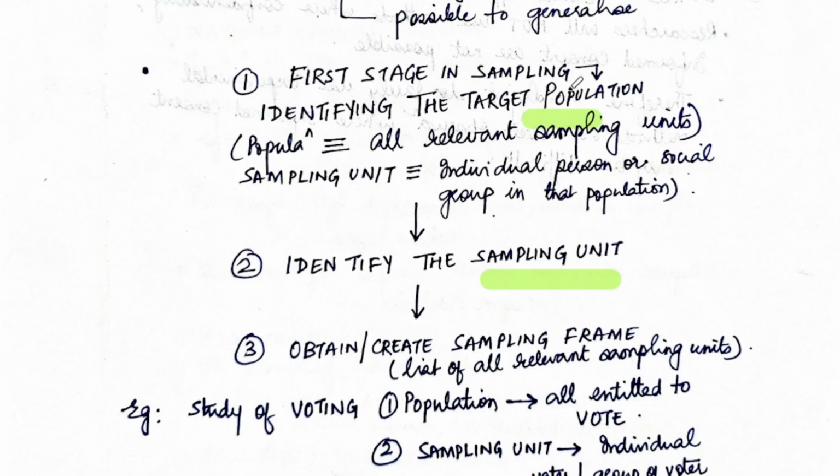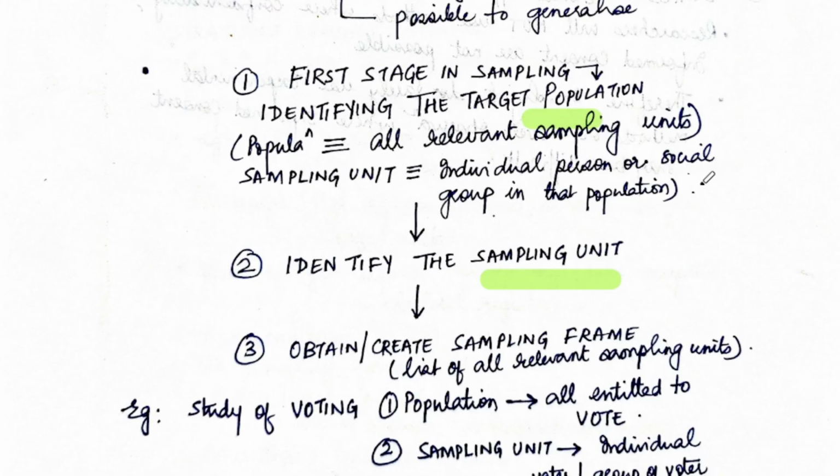Once we have decided who would be our target population, from whom we want to target our study, after that we need to identify the sampling unit. Sampling unit means that it could be an individual person or it could be a social group in that population. So the sampling unit is the unit, the thing we pick to study.